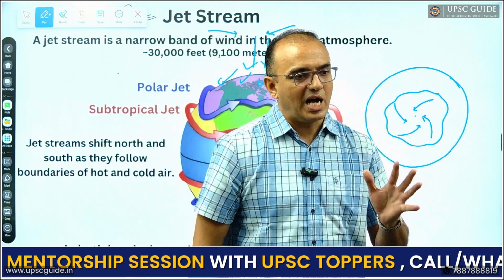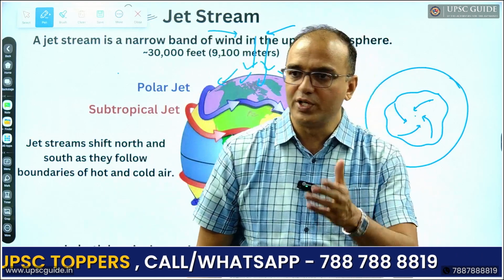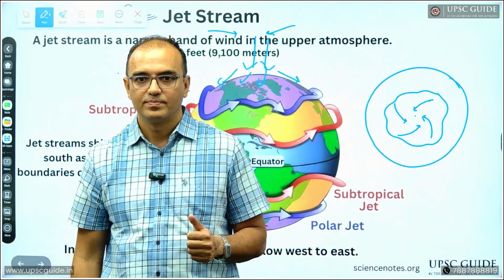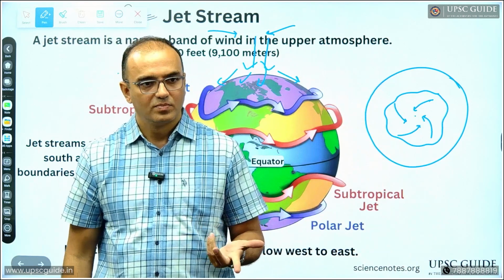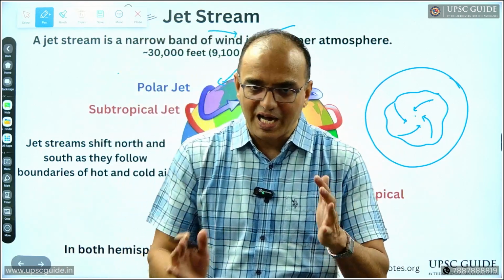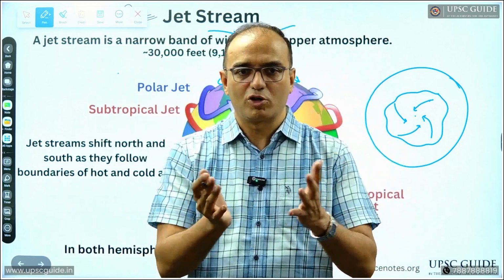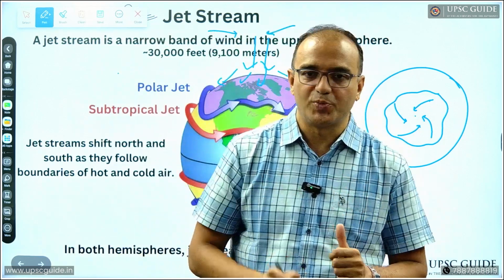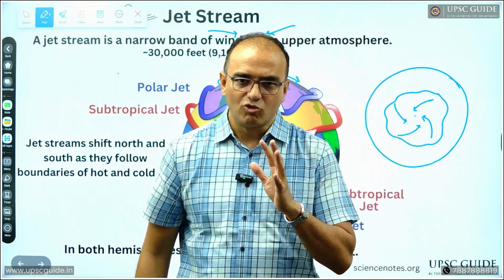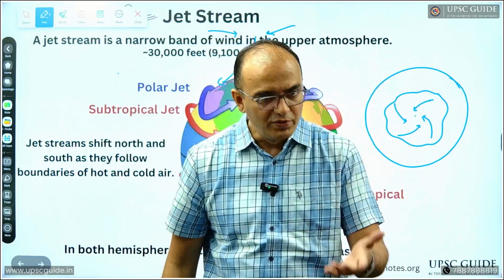The high pressure at the pole will become intense during summer or winter? During winter, because the temperature will be extremely low. So during winter in the northern hemisphere, the high pressure at the North Pole will become more severe, more intense, because of the extremely low temperature.